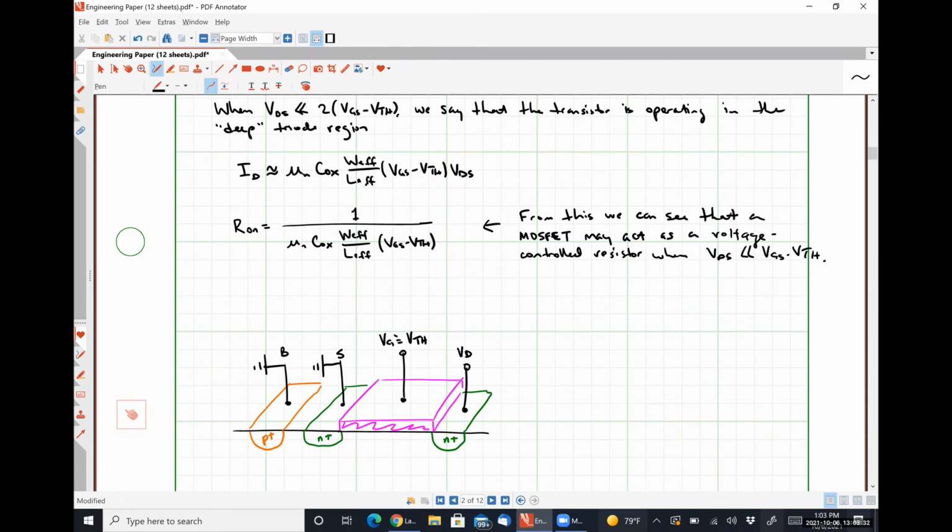This will be VG greater than VTH, and VD is greater than VG. So we're beyond the threshold voltage, so our transistor is well and on. We have some overdrive voltage present. And now we have turned our drain voltage up higher than that level of biasing.